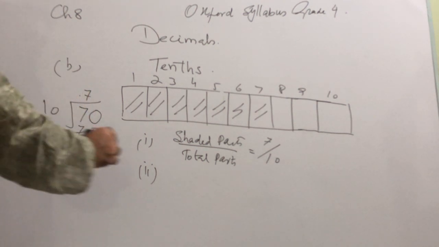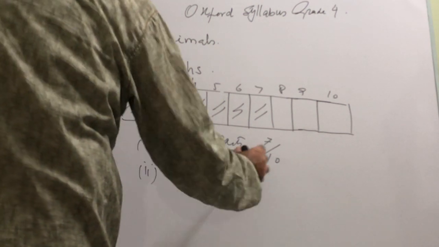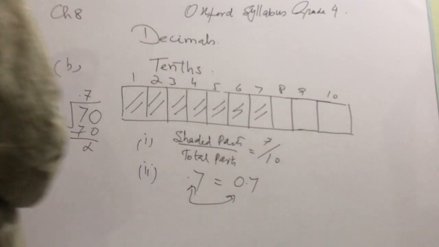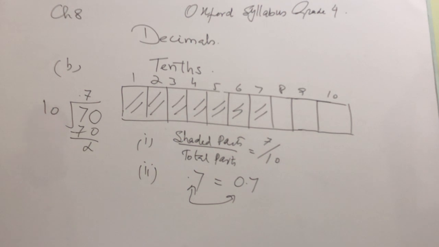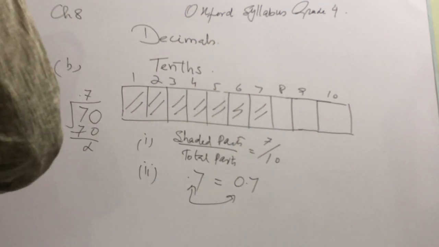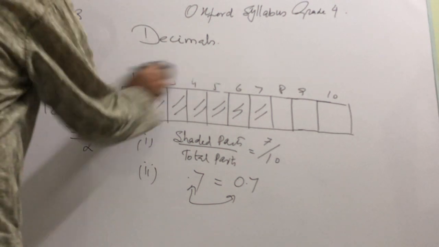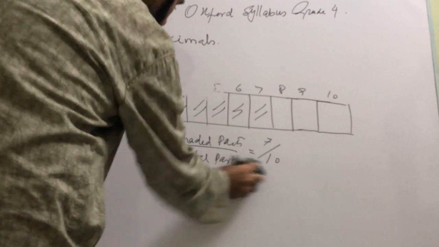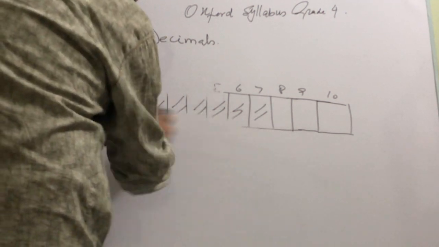So you get 0.7. We can write it like .7, both are the same. So this is the answer in terms of decimals.